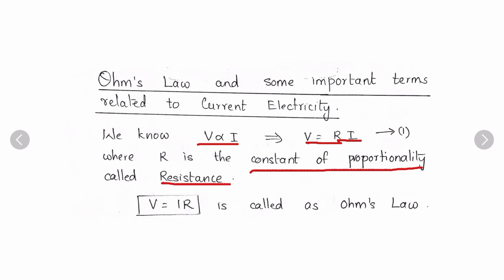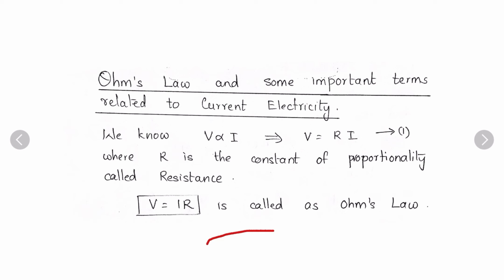called resistance. Resistance is most important throughout this chapter because we get a lot of numericals related to resistance only. So first you should know the resistance. Resistance is an obstacle for the flow of current. Current is just like water flow.